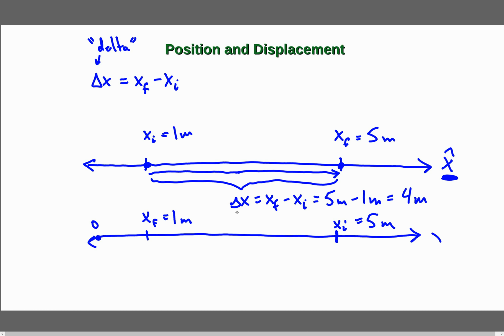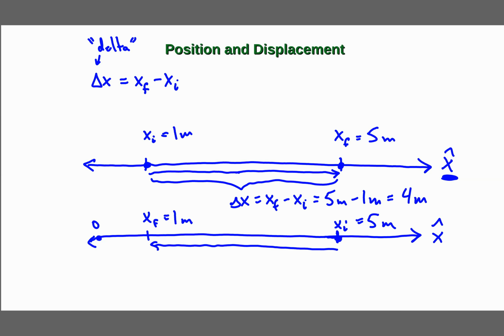Our direction is still x-hat to the right. Okay, once we pick the coordinate system, we need to respect that coordinate system regardless of what happens. So if this was the same motion, say it moved to the right, and now it moves back to the left. So now for this motion to the left, we start at this spot on the right, the 5 meter spot, and we go back to the point on the left.